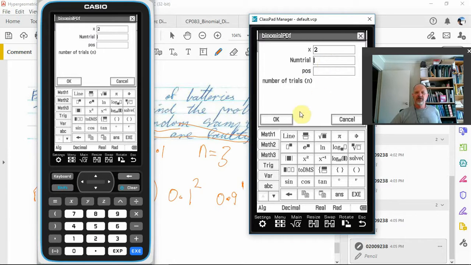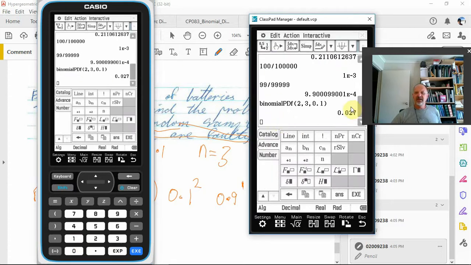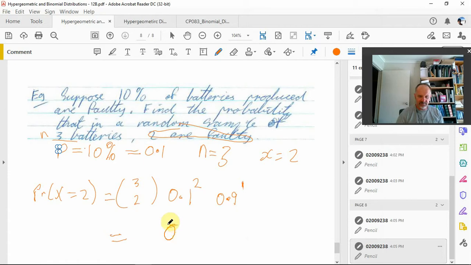The number of trials, the number of times we're selecting, is 3. And the probability of success is 0.1. Okay, and there we go, 0.027. So we can put that down as equal to 0.027 to 3 decimal places.